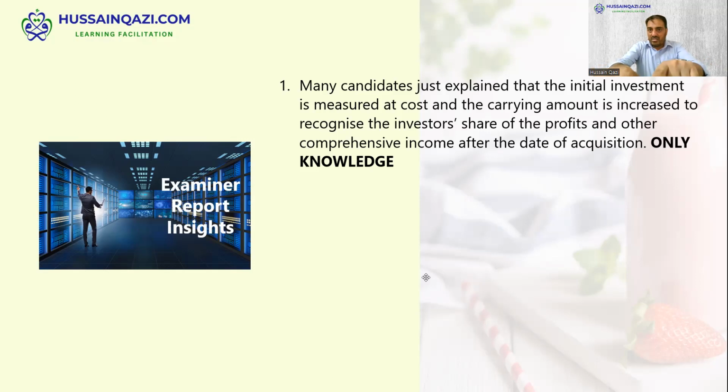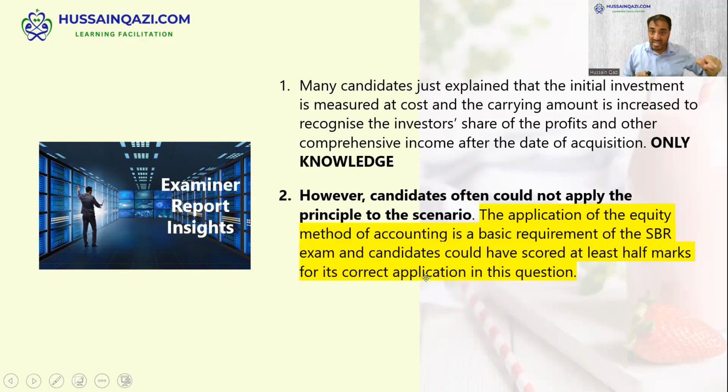If any candidate shows only this paragraph and does not connect it with Grin's company, this only reflects knowledge, where the examiner says that candidates could not apply the principle to the scenario. The application of the equity method of accounting is a basic requirement of the SBR exam, and candidates could have scored at least half marks for its correct application in this question.